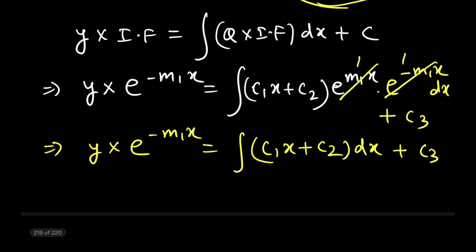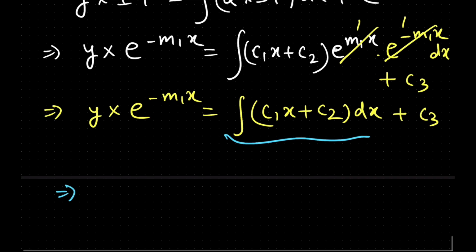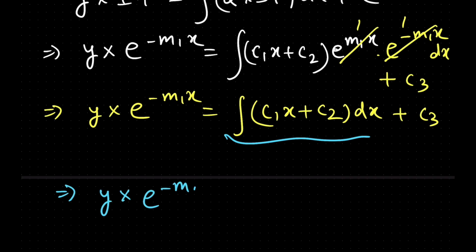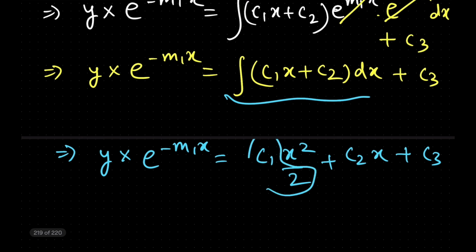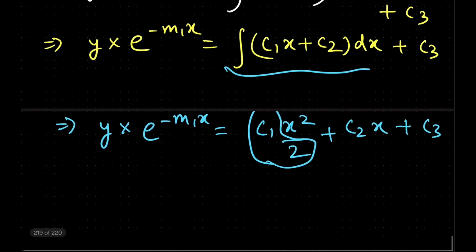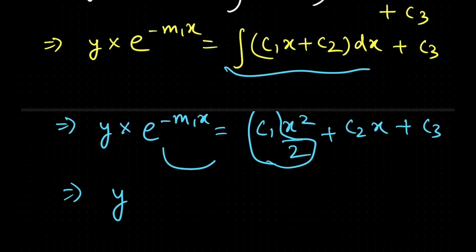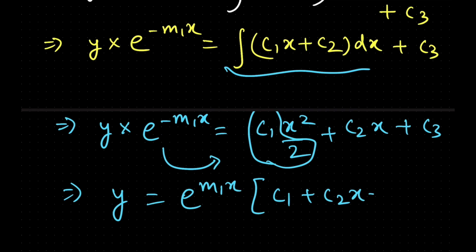So when you integrate this polynomial, you will get y into e to the power minus m1x equals c1 x square by 2 plus c2 x plus c3, and again c1 by 2 will be another constant, so let it be another constant. So finally, if you take this to the right hand side, you will get e to the power of m1x into c1 plus c2x plus c3 x square.